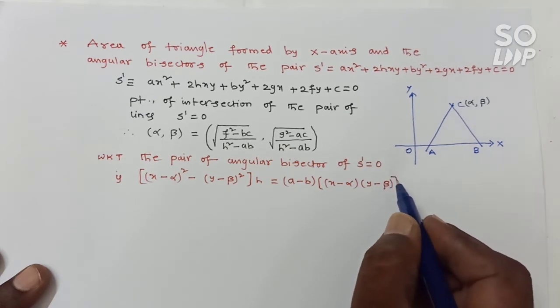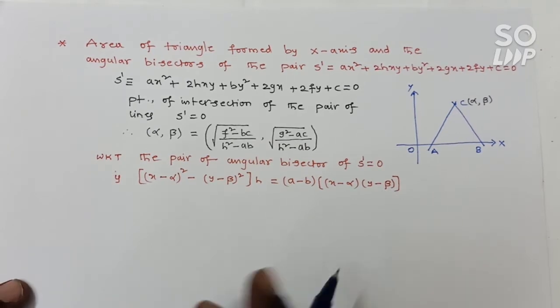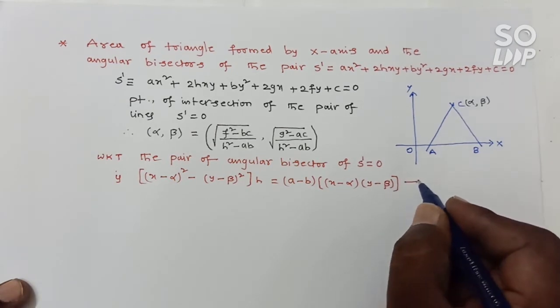This is the equation of the pair of angular bisectors of S' = 0. Let this be equation 1.